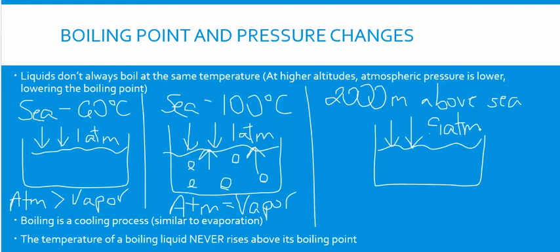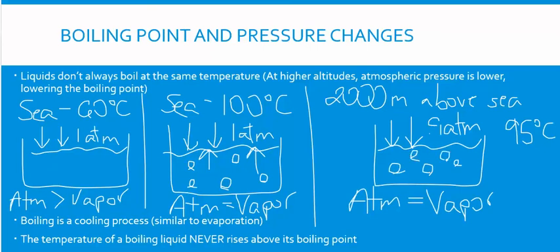So a solution will boil at a lower temperature. In this case, it will boil at about 95 degrees Celsius, because that is when the atmospheric pressure, which is 0.9, is going to be equal to the vapor pressure. So you will induce boiling at a lower temperature because the atmospheric pressure is lower.